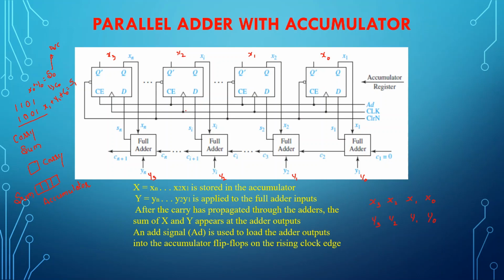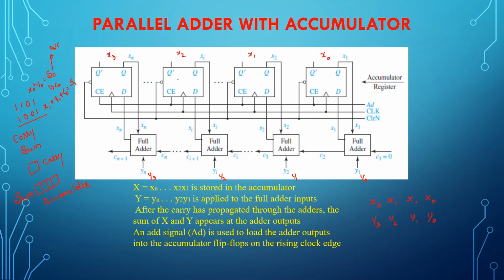And you can observe here that the adder with accumulator, that is the adder I have designed here, is an iterative structure. Iterative structure means it consists of a number of identical cells. Identical cells means it is quite obvious, right? You can see the flip-flops are identical here. The full adders are identical here.